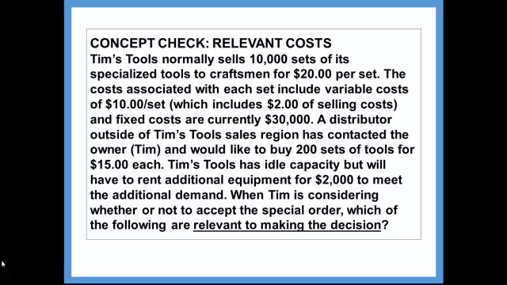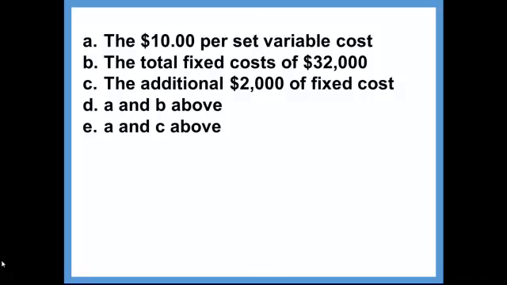So we're not trying to make the decision here, we're just trying to identify, out of all these costs, what is relevant to the decision. So the choices are A, the $10 per set variable cost, B, the total fixed cost of $32,000, C, the additional $2,000 of fixed cost, D, A and B, or E, A and C.